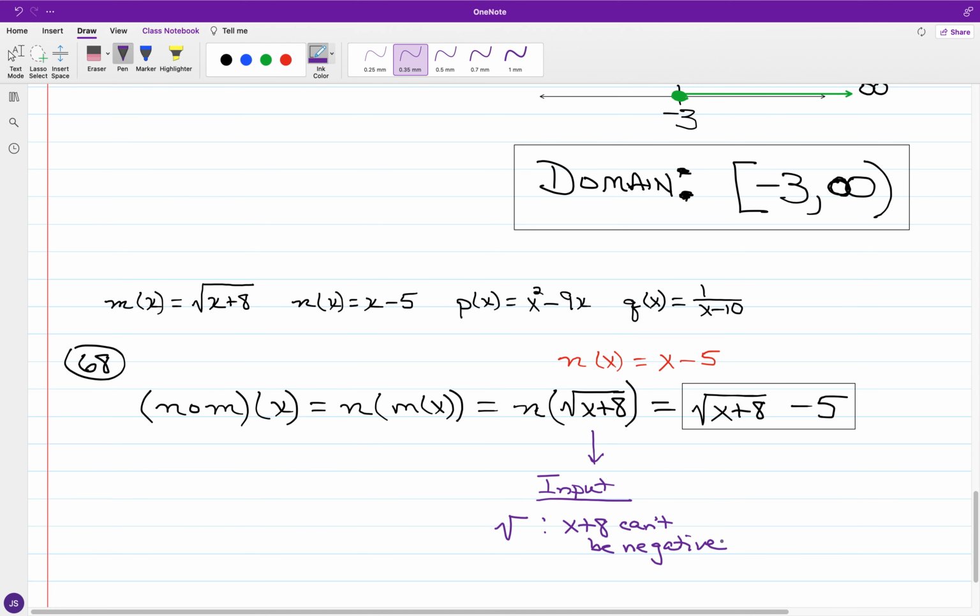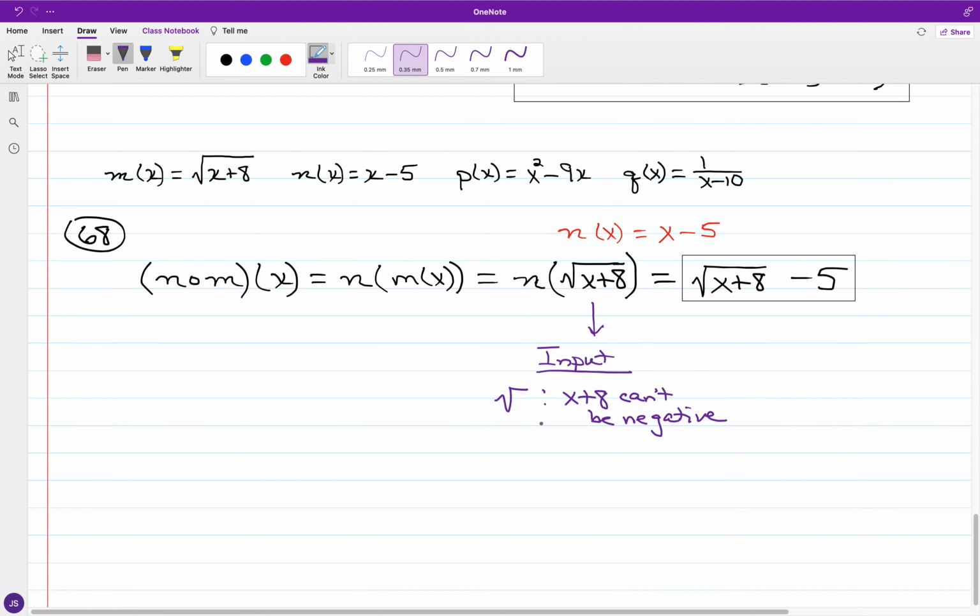So x plus 8 cannot be negative, but it can be 0 or positive.